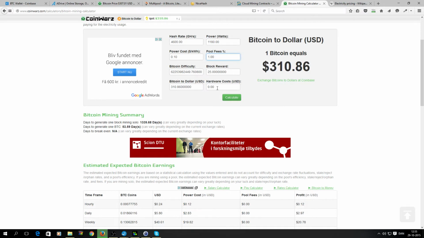You could put in the hardware cost. In this case, this new Antminer costs around $1,600. On top of that, you will need a power supply for it, and you will need to pay some shipping. You might also need to pay some import tax, as this is shipped out of China.